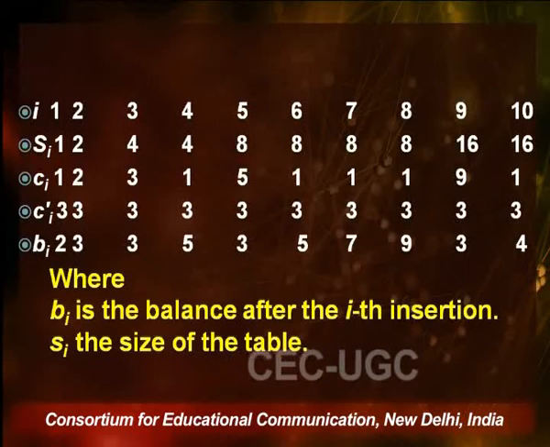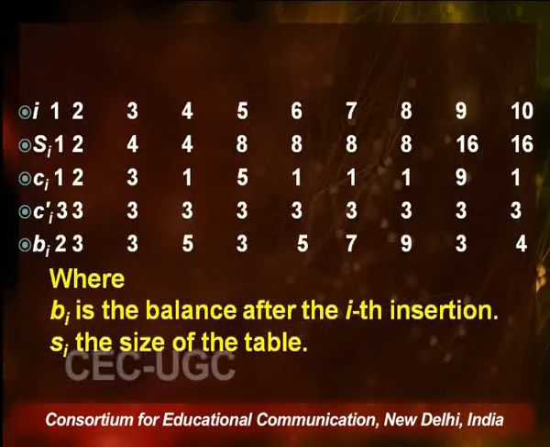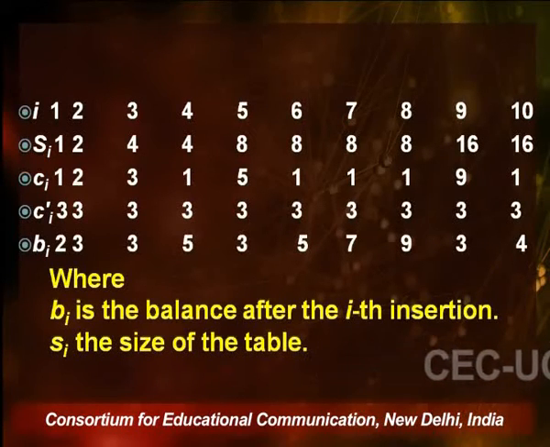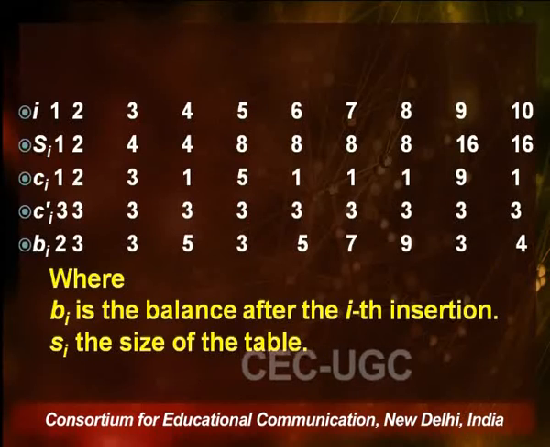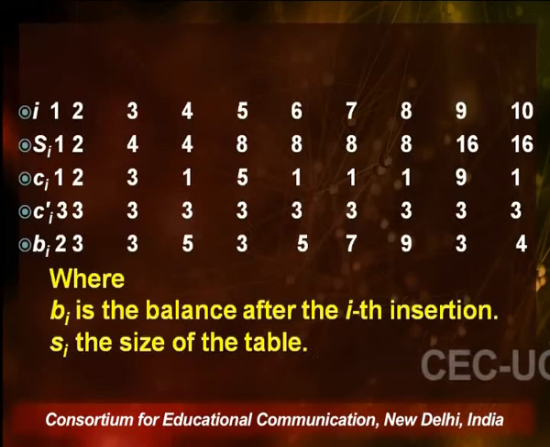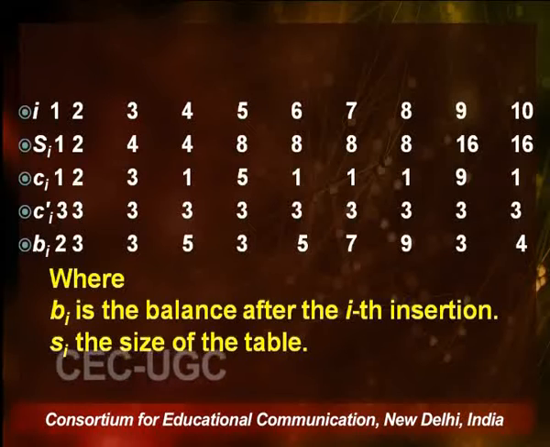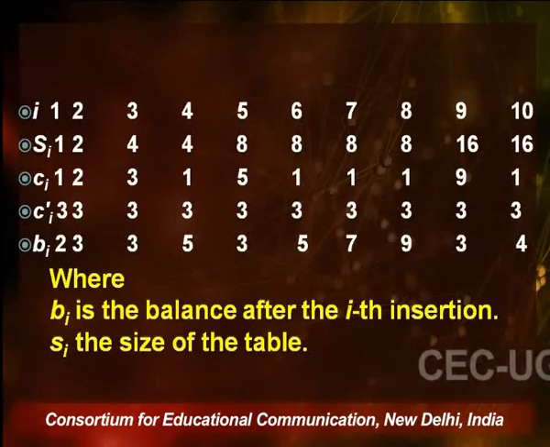So, 5 plus 3, we have 8 units of credit, out of which 5 will be spent as the actual cost, because here doubling of the array is involved. So, 5 is the actual cost out of 8, and the balance after insertion is 3. Here, if you can see, the BI has 2, 3, 3, 5, 3, that means sufficient credit has been maintained.